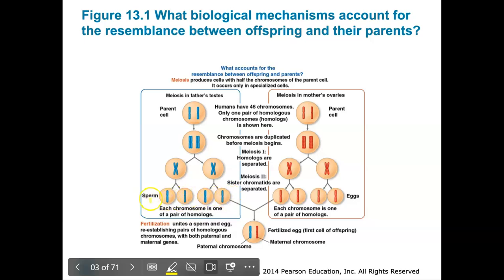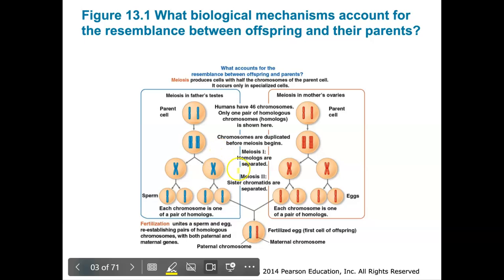So meiosis produces 4 daughter cells. Either they're going to be called sperm or eggs, depending on if they're formed in a female or a male. But meiosis produces 4 daughter cells that only have half of the number of chromosomes of the parent cell.